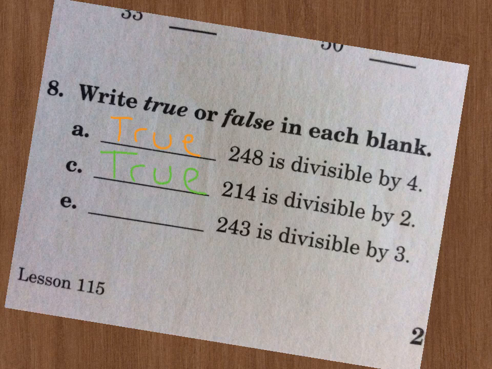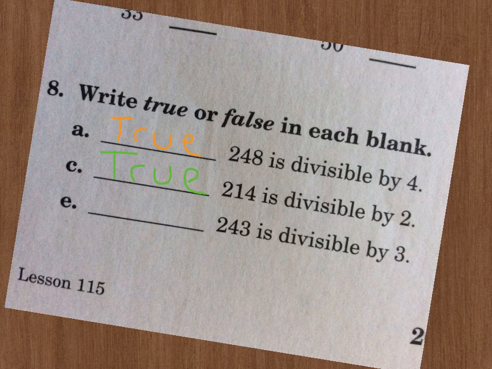Okay, E, it's asking 243. If that's divisible by 3, stand up if you think that's true. Stand up if you think it's false. Go ahead and sit down. Now remember, the rule for 3 is you add up the digits.